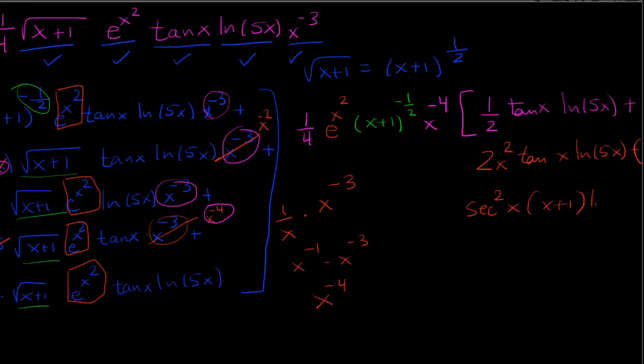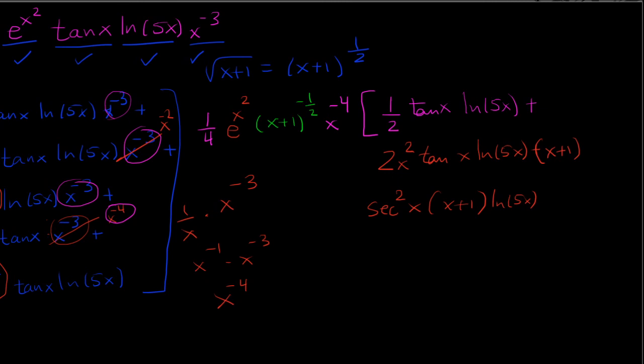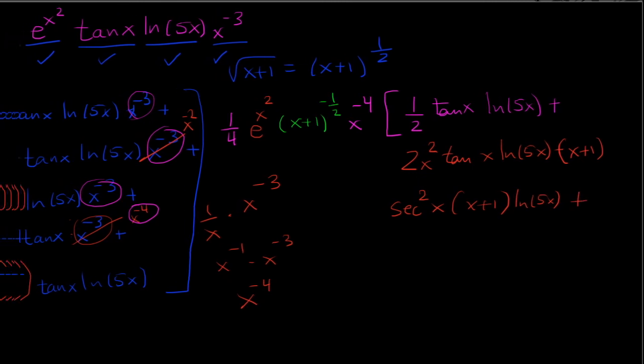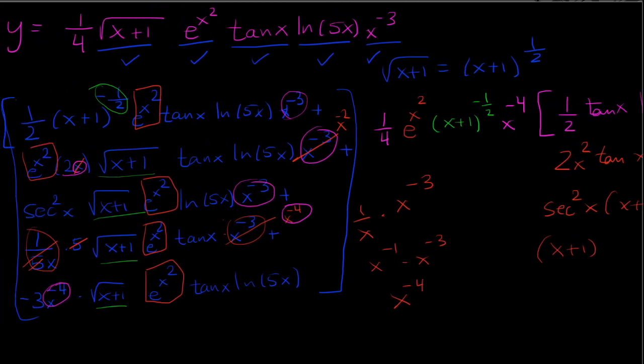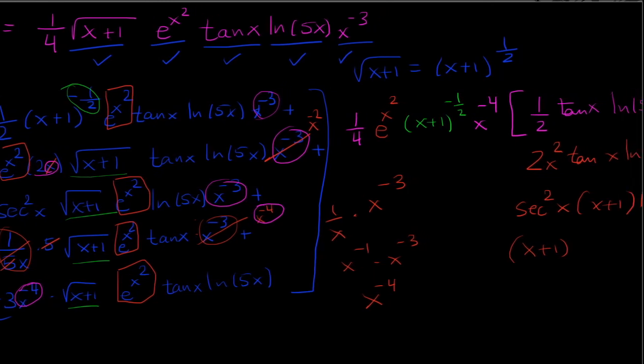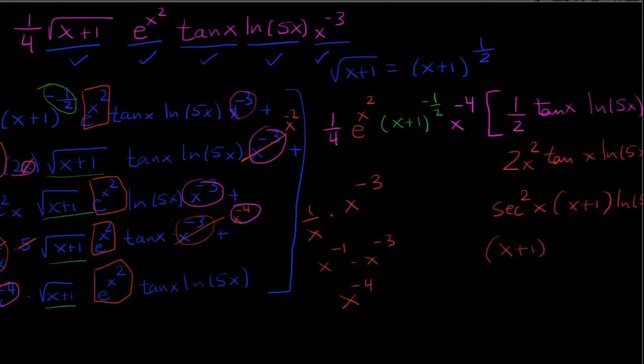And next one is natural log of 5x. Okay, and then we have a square root of x plus 1, so we know we're going to have to multiply by x plus 1. And tangent of x.